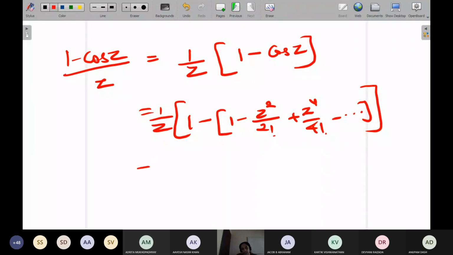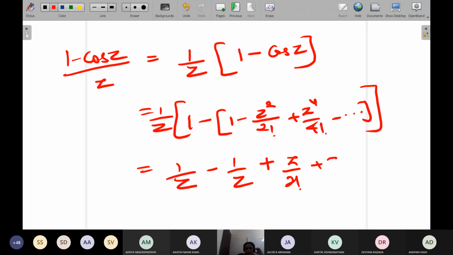Once you take this, you'll get 1 by z minus 1 by z, plus z by 2 factorial, minus z cube by 4 factorial, and so on.